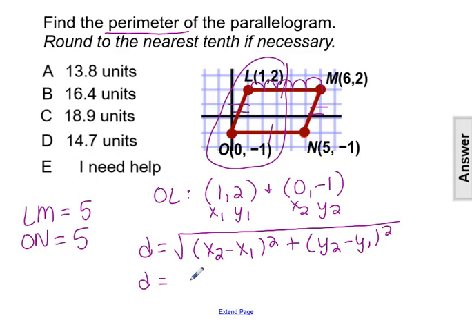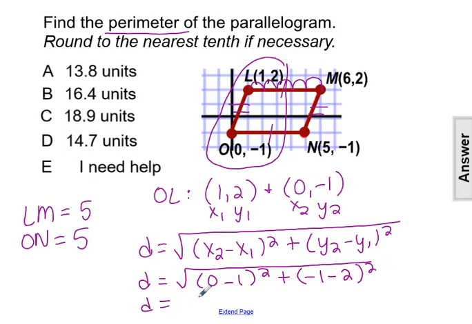If we substitute in our values, we get the square root of 0 minus 1 squared plus -1 minus 2 squared. Simplifying further, 0 minus 1 is -1 squared, plus -1 minus 2 is -3 squared. That would be the square root of -1 squared is 1, plus -3 squared is 9.